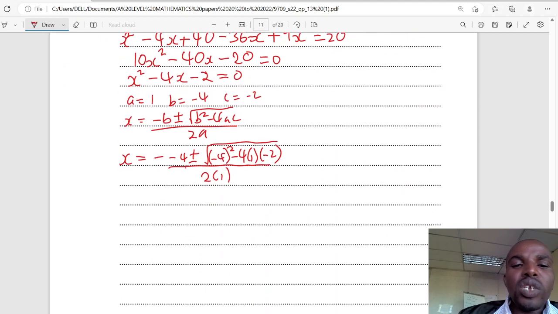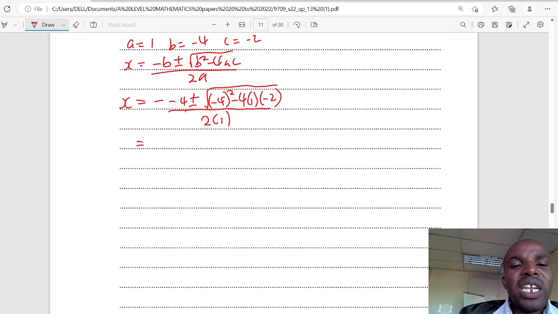So if I simplify this part, it will be equal to, minus minus 4 is 4, plus or minus root of 4 squared is 16. Then minus and minus will become plus, then 4 times 1 times 2 is 8, over 2. So it will be 4 plus or minus root of 16 plus 8. 16 plus 8 is 24 over 2.